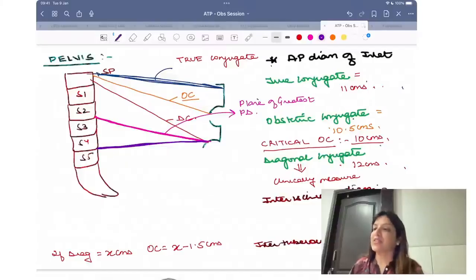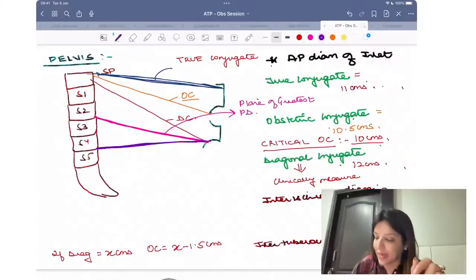A line going from S4, S5 up till the pubic symphysis. Indrajit, awesome. This line is the plane of least pelvic dimensions.